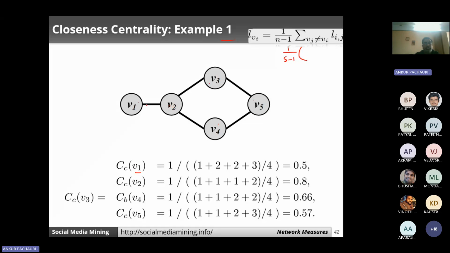The size of the shortest path is 1. v1 to v3, the size of the shortest path is 2. v1 to v4, the size of the shortest path is 2. v1 to v5, the size of the shortest path is 3.